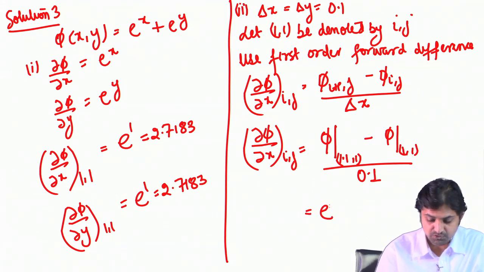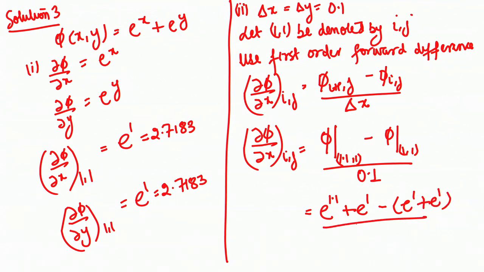This will be e to the power 1.1 plus e to the power 1 minus e to the power 1 plus e to the power 1. Alright, we are just putting in the values, and if you use your calculator, it is going to be 2.8588. Alright, that is del phi del x at 1 comma 1.